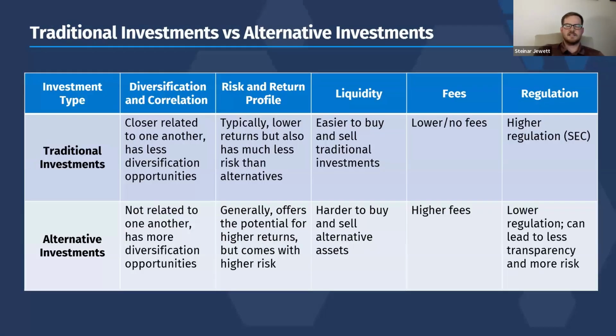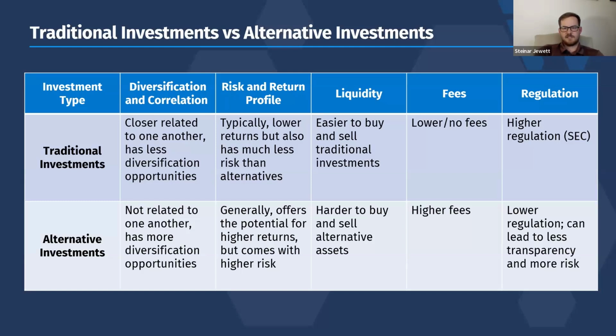And finally, we'll just give you a quick rundown on traditional investments versus alternative investments and what some of the major differences between them are. And so the big thing is, as we mentioned before, diversification and correlation. What these two things mean is how closely related investments are to one another.